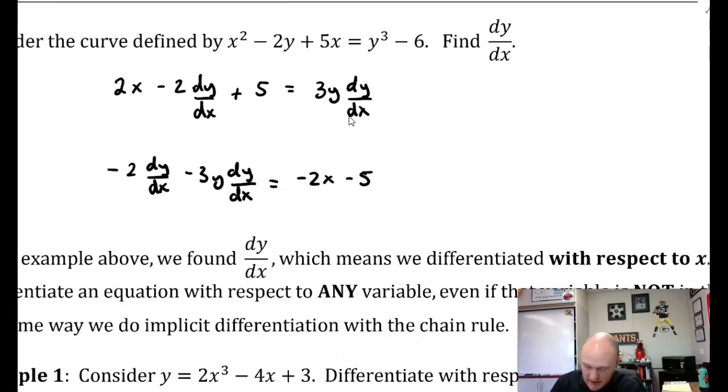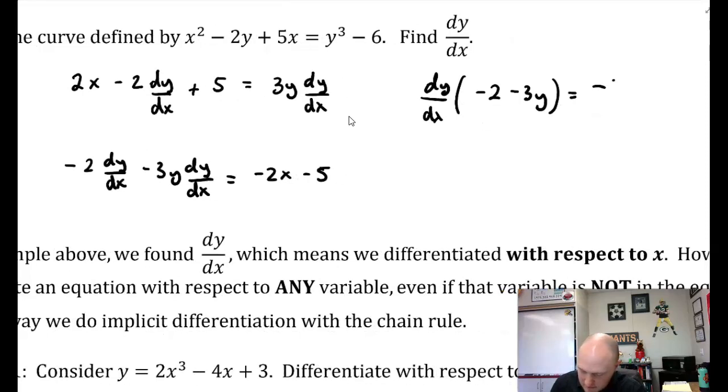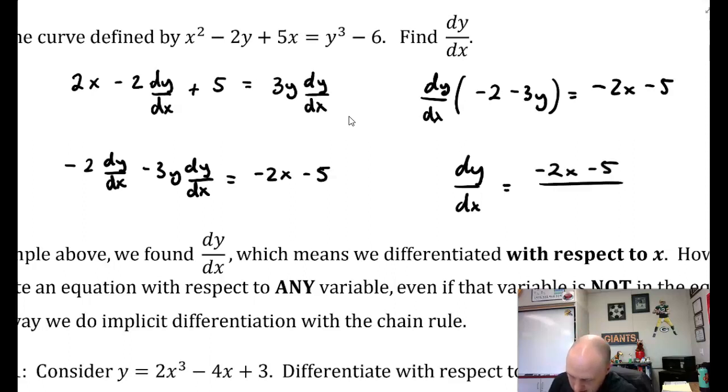Okay, at this point we'll go ahead and factor out our dy dx, giving us negative 2 minus 3y squared is equal to negative 2x minus 5. And then I can go ahead and divide each side by negative 2 minus 3y squared. So we get negative 2x minus 5 over negative 3y squared minus 2, and I just shuffled those.